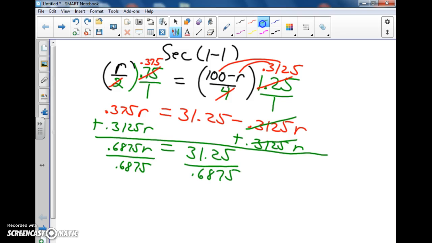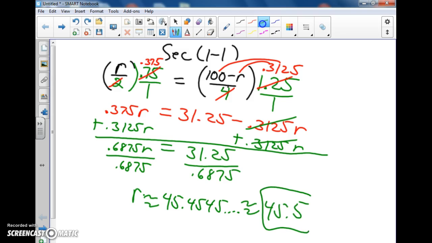And you get that r is approximately, now you're going to get a decimal, 45.45, right? And so you have to round it to the tenths place. So 45.5 is the answer.